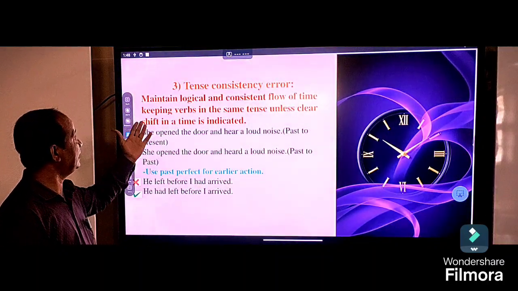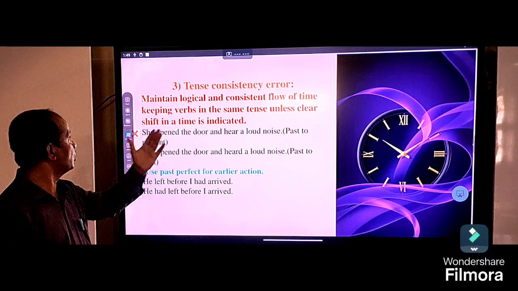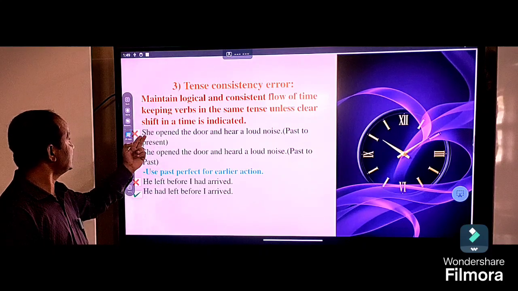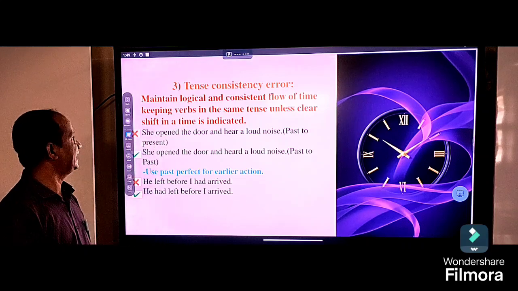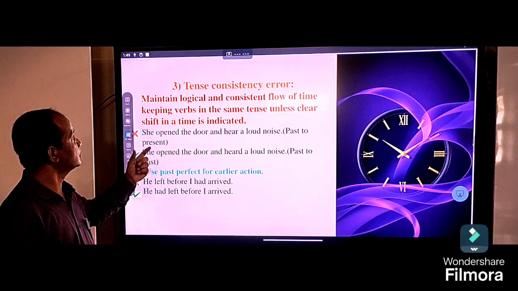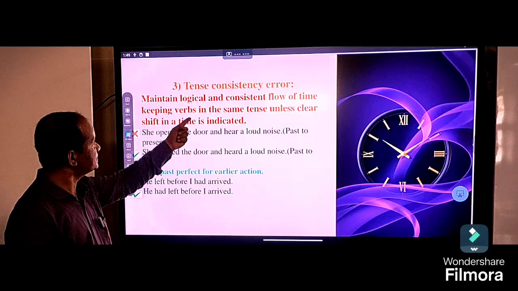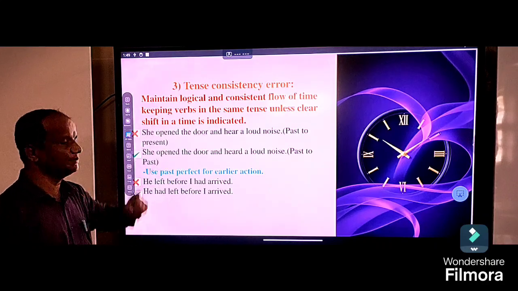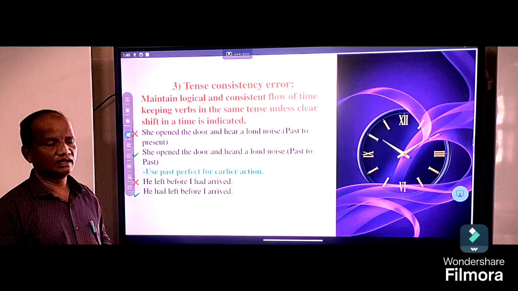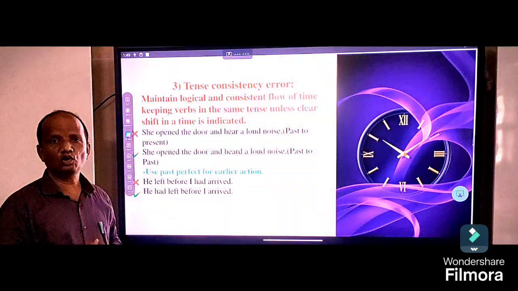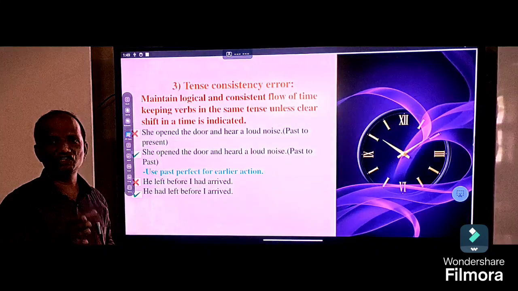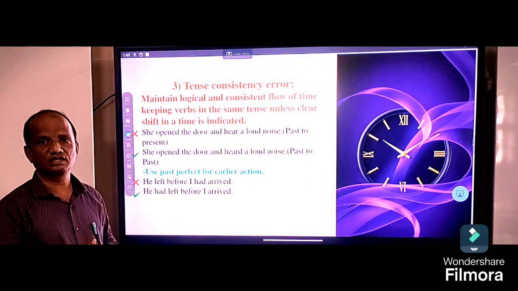We have to maintain a logical and consistent flow of time, keeping the verbs in the same tense unless a clear shift of time is indicated. My dear friends, we have to keep the verbs in the same tense unless a clear shift in time is indicated. It means that if there are two clauses in the sentence, we have to maintain the same tense in both of the clauses.